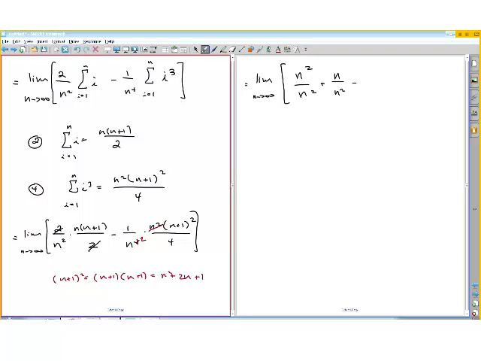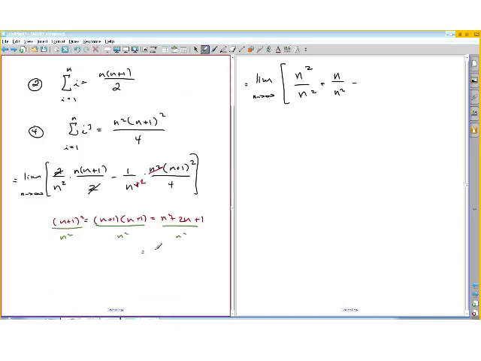Okay, so we'll have this divided by that. So let's go ahead and divide it by n squared. And what that leaves is 1 plus 2 over n plus 1 over n squared, if I divide each one of those terms by n squared.